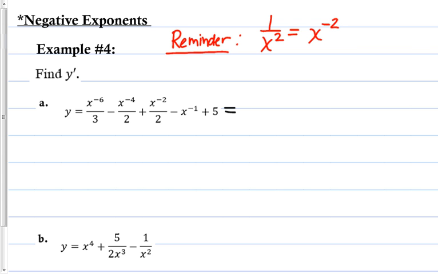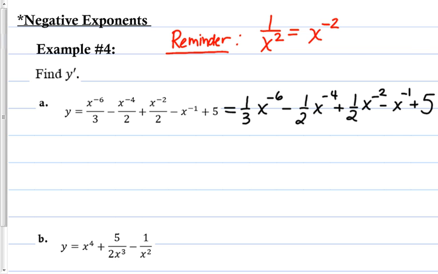This is going to be 1/3 x to the negative 6 power minus 1/2 x to the negative 4th power plus 1/2 x to the negative 2 power minus x to the negative 1 plus 5. Maybe that'll help you see better.